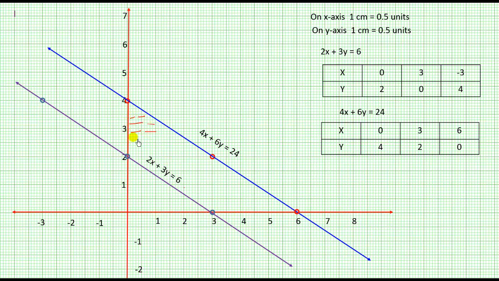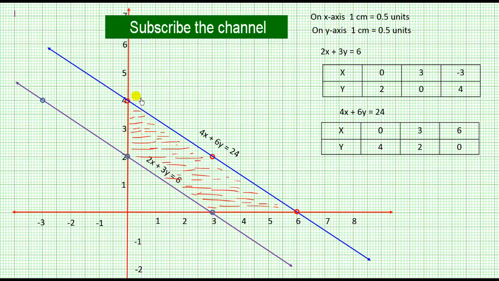So please shade this region. This is the area enclosed by the 2 lines and the x-axis and the y-axis, and we have to name the coordinates of the figure so formed.